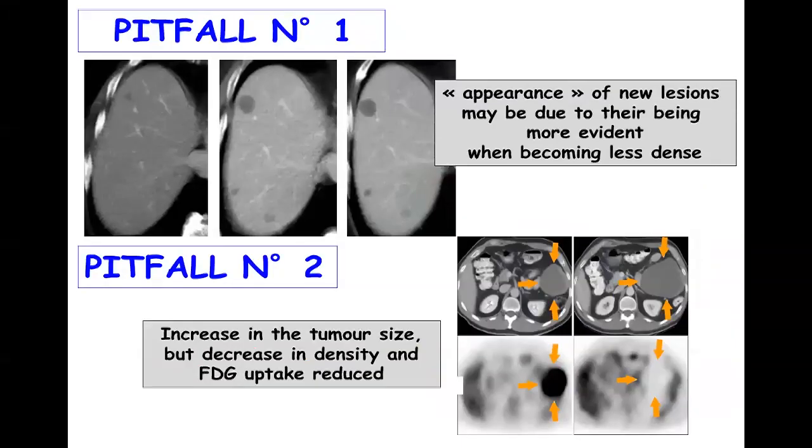This slide shows you two pitfalls. Appearance of new lesion may be due to their being more evident when becoming less dense. And pitfall number 2, increase in the tumor size but decrease in density and FDG uptake reduced.